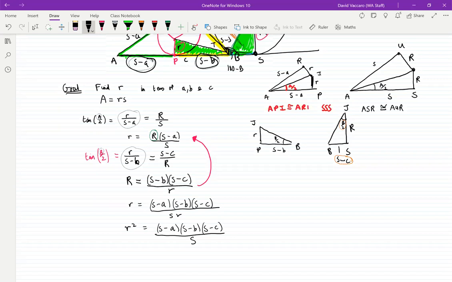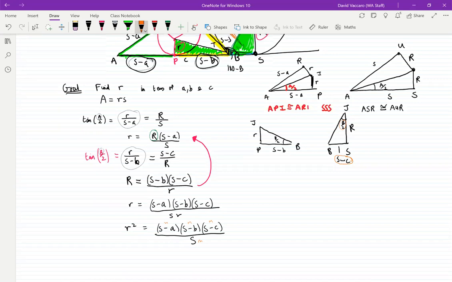Just as a little sanity check, dimensionally, this is correct because all of these three quantities on the top, the s minus a, the s minus b, and the s minus c, are lengths measured in meters. The s, which is the semi-perimeter, is also a length measured in meters. So overall, we've got a length squared.